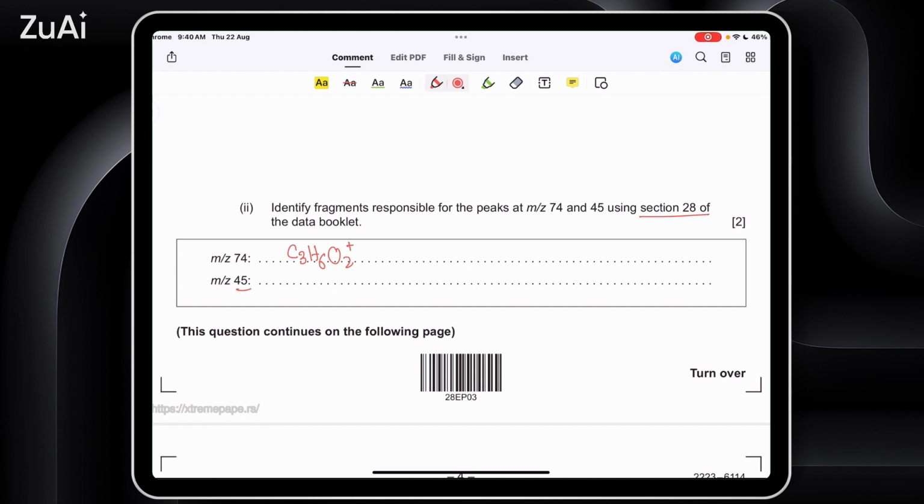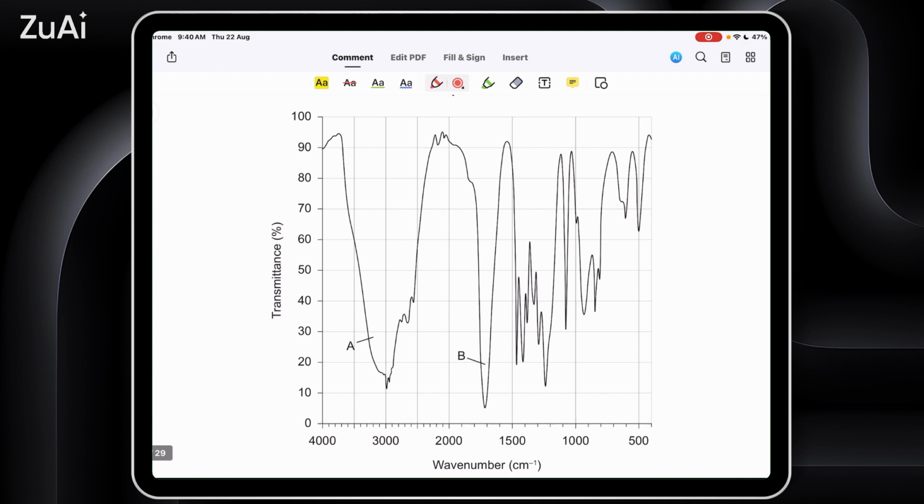So you will find the carboxylic group has the peak. The carboxylic group has a strong peak of this. And that's the clear indication of the carboxylic group being present.